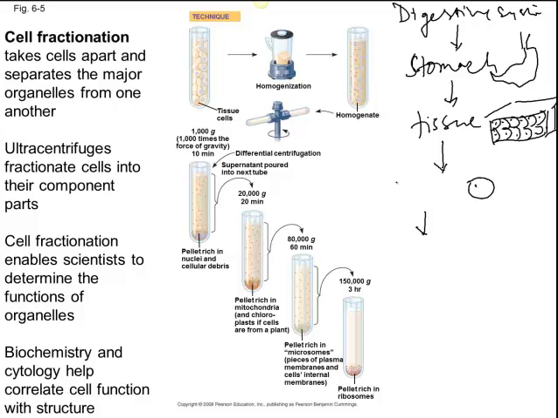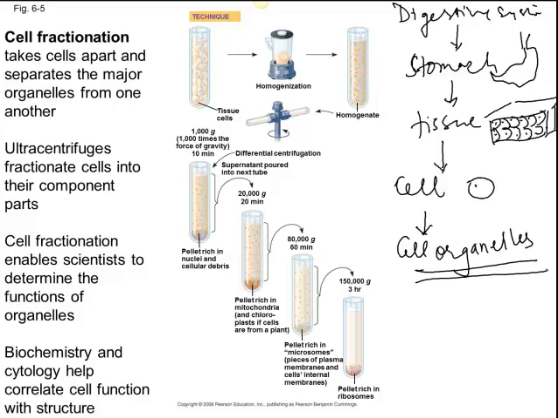So this is like an individual cell, and the cell organelles are what we are looking at. Now the process of separating out the cell organelles from the cell is called cell fractionation. Okay, you're taking the cells apart and separating out the major organelles from one another.